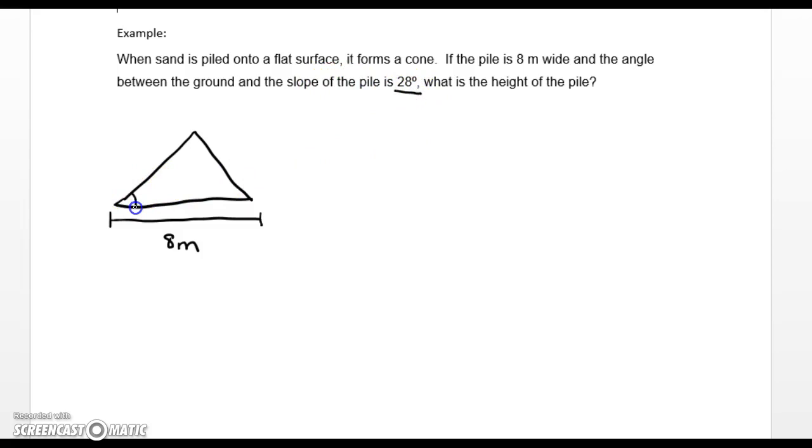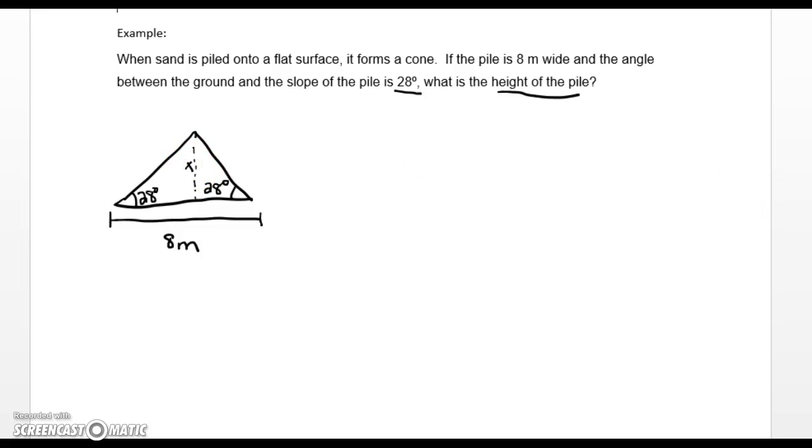So from either of these corners would be an angle of 28 degrees. Then we want to know the height of the pile, going from the top of your pile all the way down to the bottom, straight up and down. I'm going to call that x.